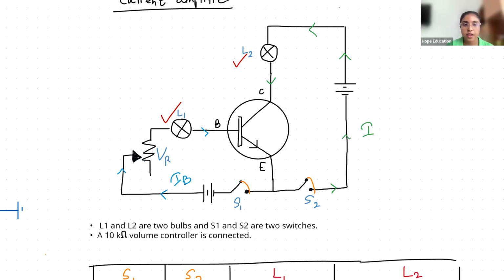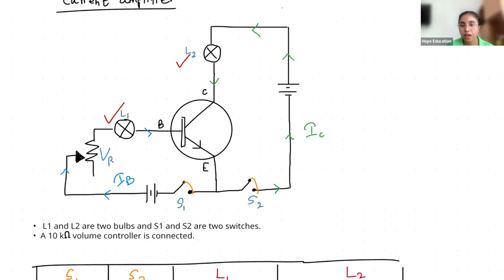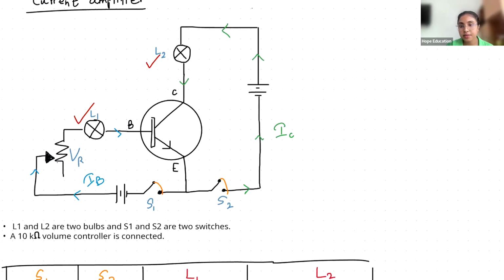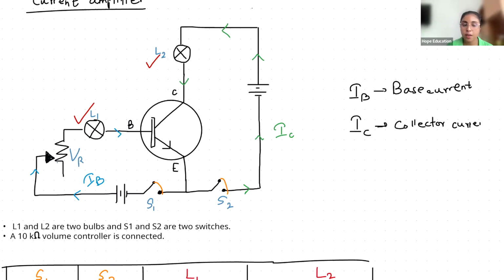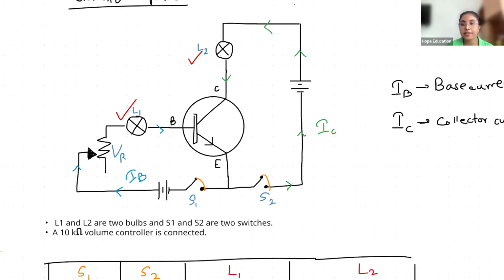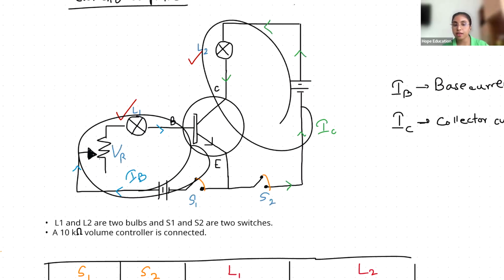Right? Actually, IB means base current. And IC, we call it collector current. Those are just two names. මේ පොඩි එකේ යන current එකට we call it IB, base current. ලොකු එකේ යන එකට අපි කියනවා IC, that is collector current.